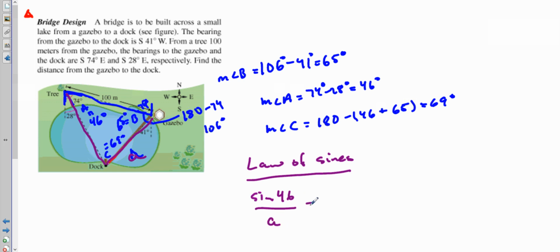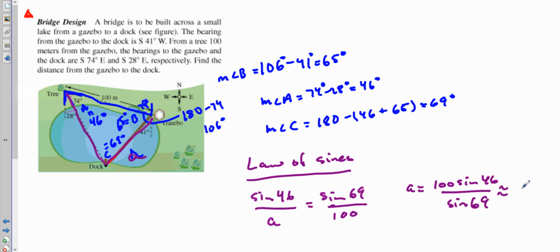Sine 46 over A equals the sine of 69 degrees over 100. To find A, A equals 100 times sine of 46 divided by the sine of 69. When you put this in your calculator and round to the nearest whole number, you'll have 77 meters as your final answer.